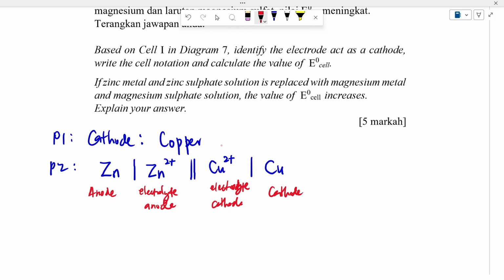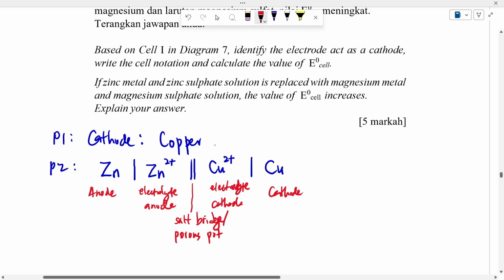So standardized, the double line means it is a salt bridge. A single line is just like a separator. The salt bridge or the porous pot, same. Now, what is the E0 value?